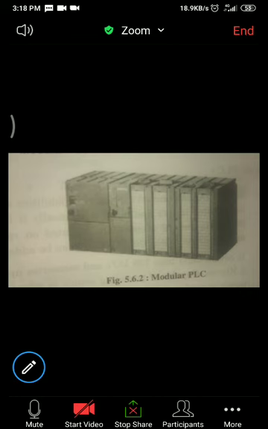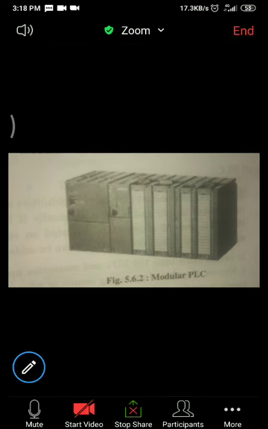This memory can be added without disturbing the existing program. Suppose one program is already loaded in the PLC, you can load another program without erasing the previous program from the memory. Obviously, as the number of input outputs and memory size are high, the cost of the PLC is also high.